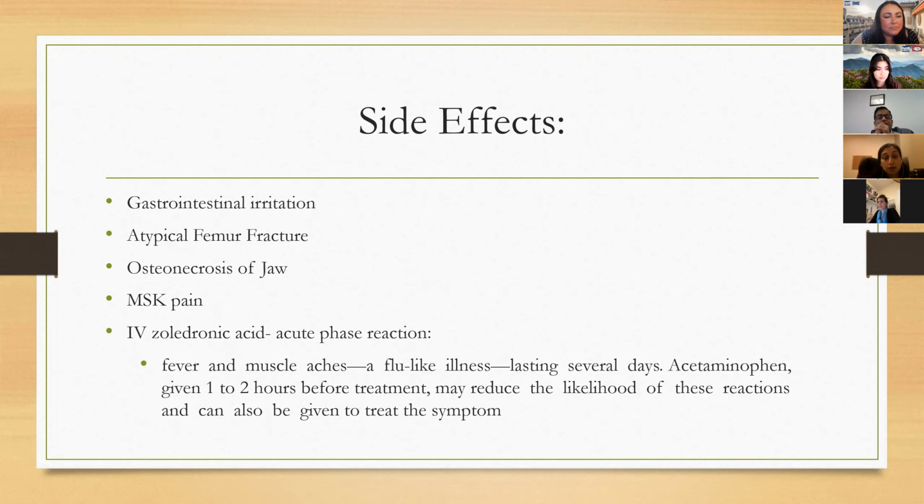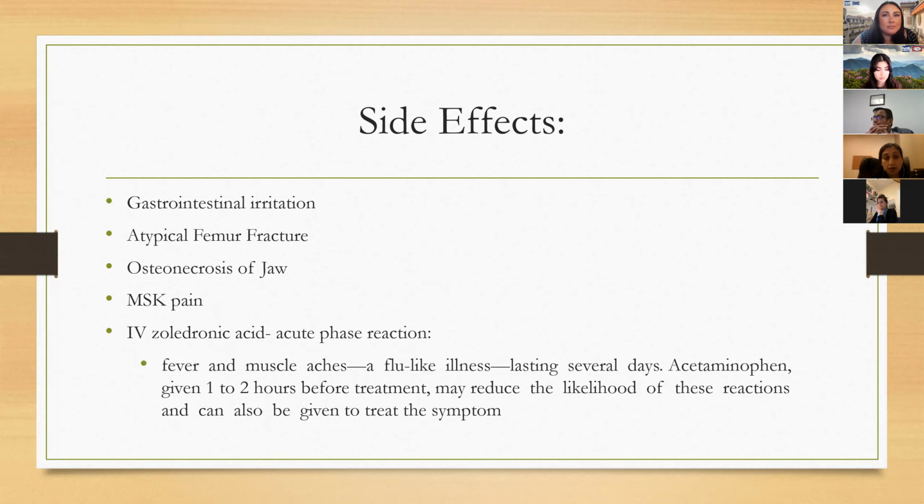The two other risks that you want to talk about with bisphosphonates are atypical femur fractures and osteonecrosis of the jaw. Atypical femur fractures are insufficiency fractures in the femoral shaft. Both atypical femur fractures and osteonecrosis of the jaw are pretty rare, but you should mention them to the patients.